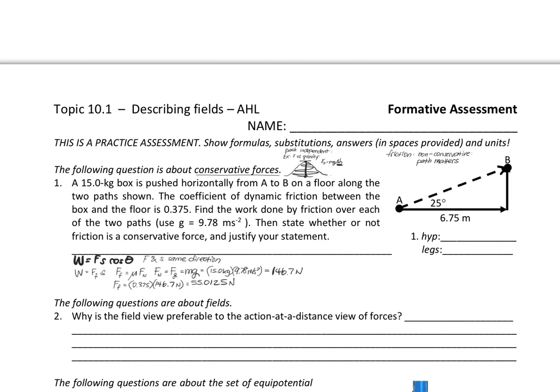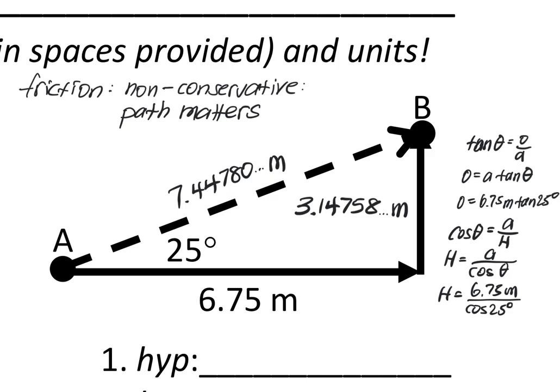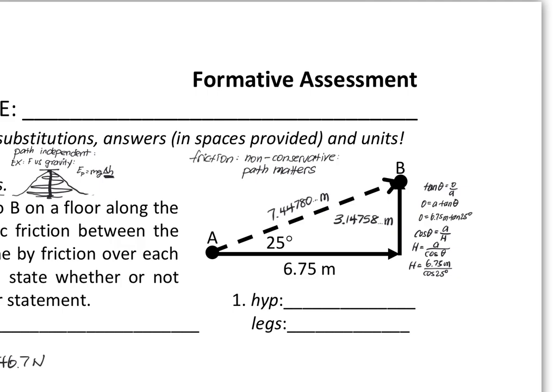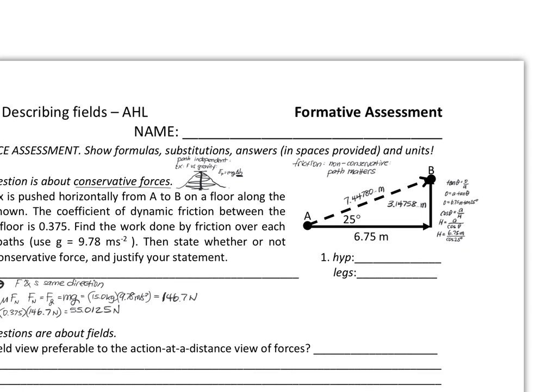So we get to do some fun right triangle trigonometry because why not? I don't know why the numbers are so strange, but whatever, we now have the dimensions of our triangle.